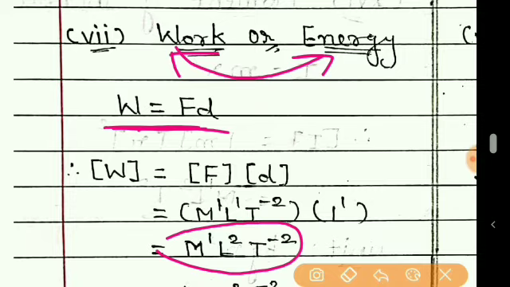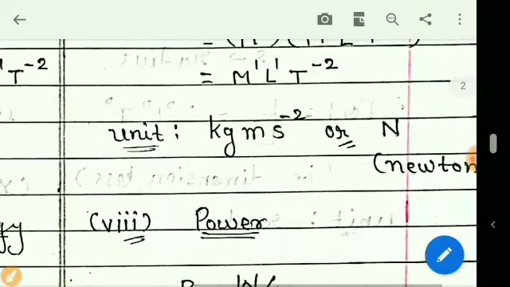So you can use any formula to obtain the dimensional formula of work or energy, but here I am using a simple formula. Work W is equal to force into displacement. Now dimensional formula of W is equal to dimensional formula of F and dimensional formula of D. Now we know the dimensional formula of F, we have already obtained it here.